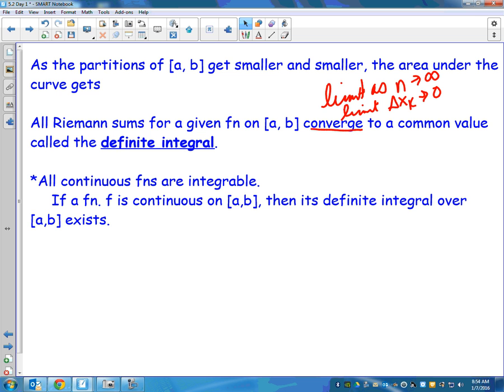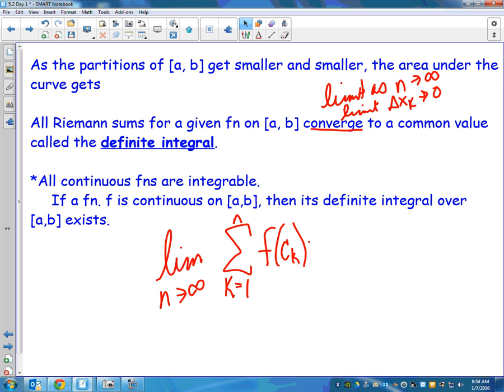I know, I'm sorry. You gotta do this first. The limit, as n approaches infinity, equals that S, of the summation of f of c sub k times delta x sub k. I just forgot to show this.